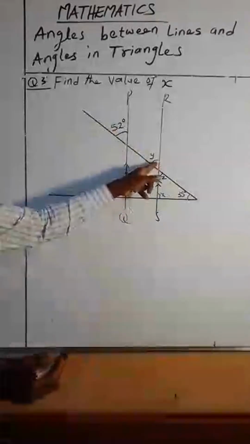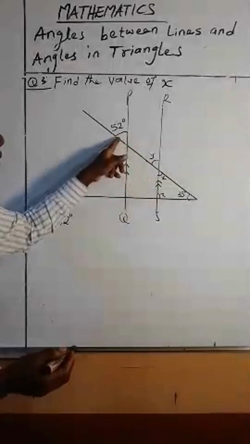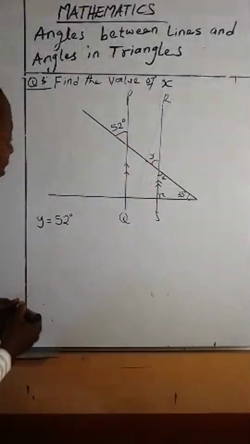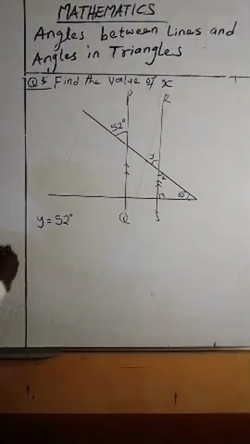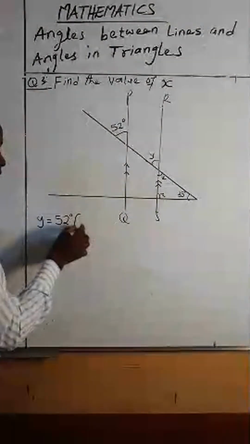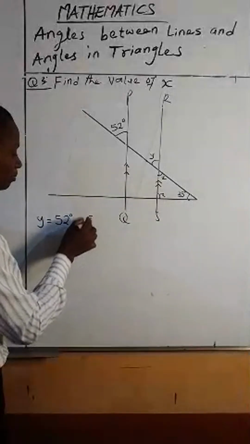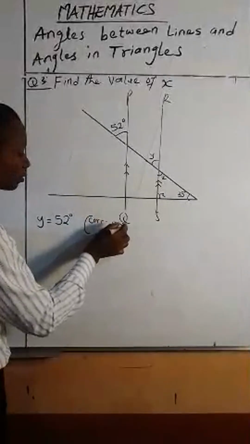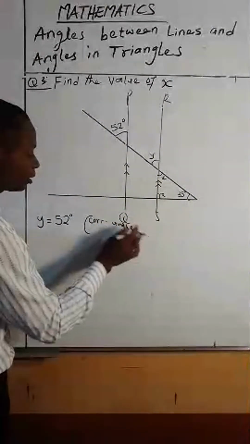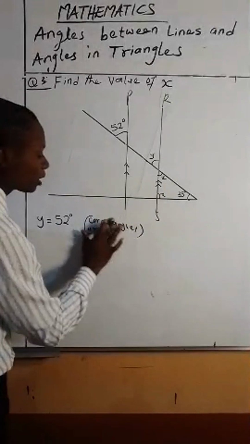So this position and this position are corresponding positions, and it therefore means that Y is equal to 52 degrees.